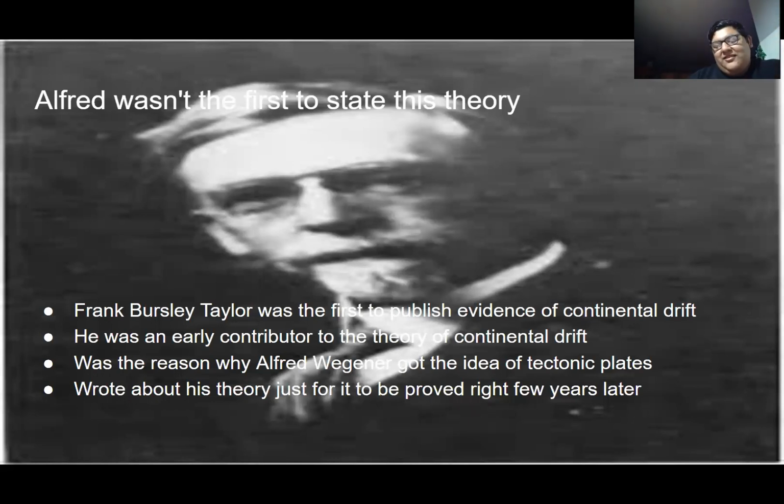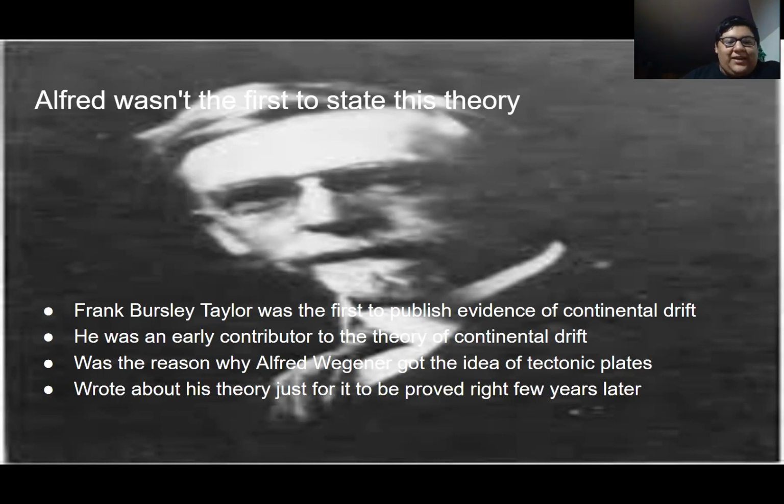But in his article, it stated that Wegener picked up this information from this man himself, because he did a book as well talking about plate tectonics, which in that time people didn't really take seriously because they thought it didn't make sense, it was stupid, dumb.